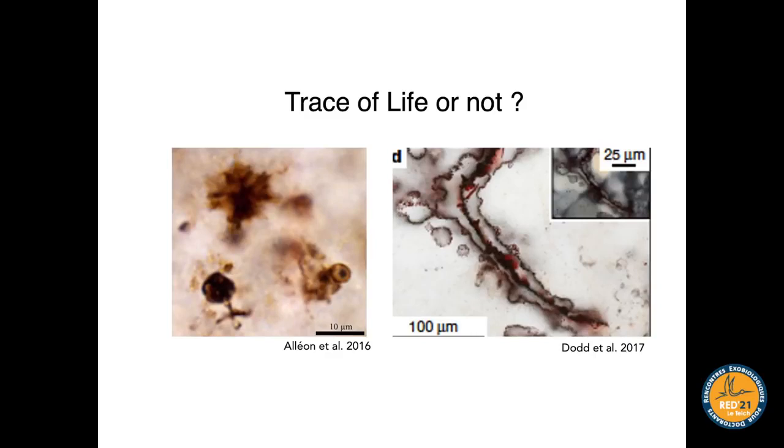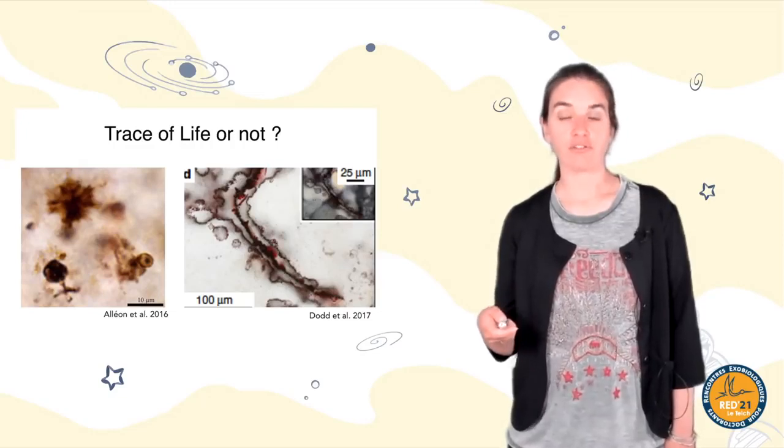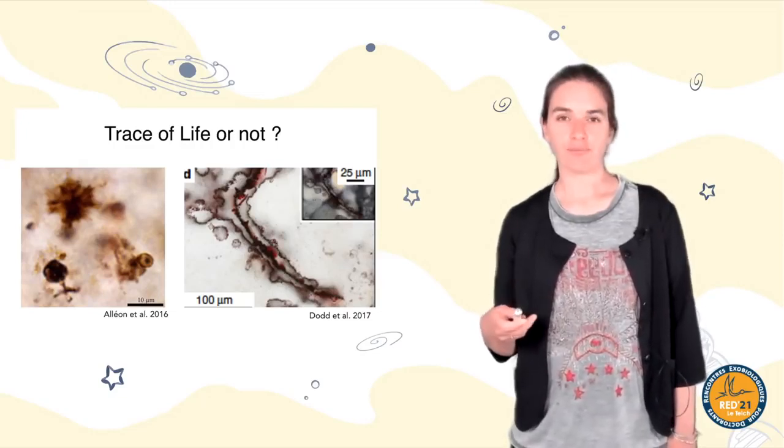Now we are looking at the micrometer scale, so the same size as your hair, basically. And this is in two sedimentary rocks. So you can see these little spheres and globules on the left, and this little, I don't know exactly how to call this shape, on the right.